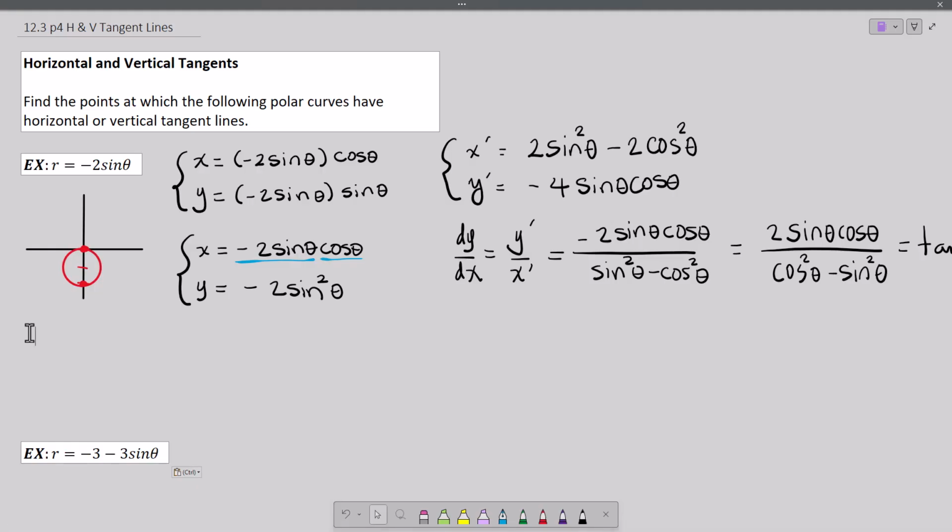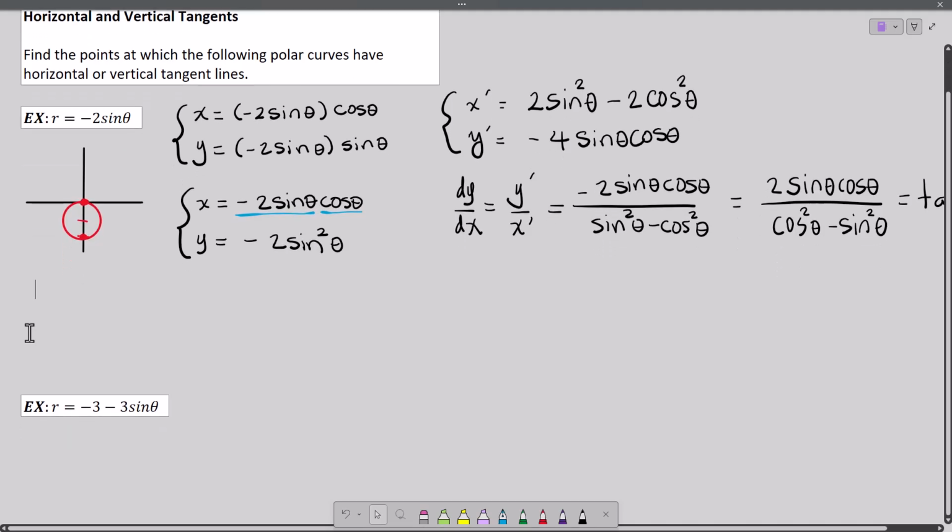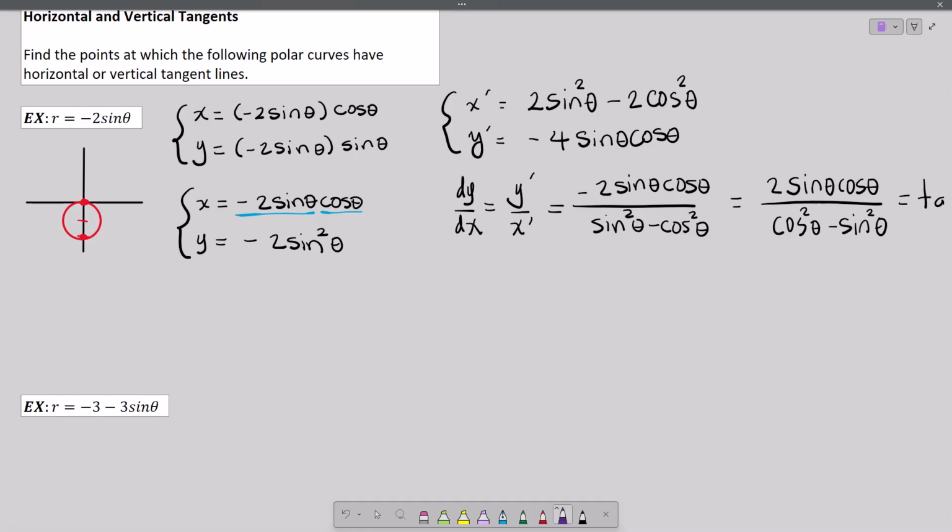That's what we need to know. So the numerator, when is that 0?